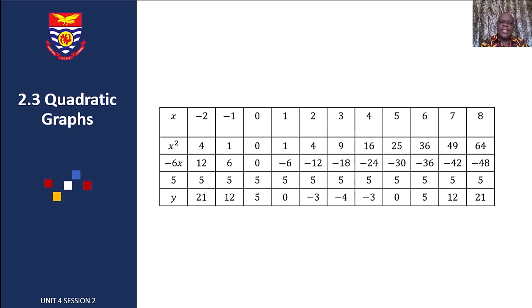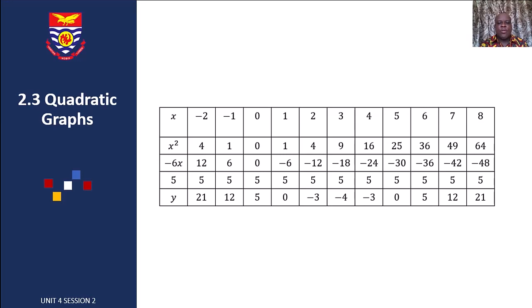The second row takes the first term in the function, which is x squared. Then the second term comes, -6x, and then the constant term, 5. The last row of the table takes the values of y. We simplify to get the values of y.